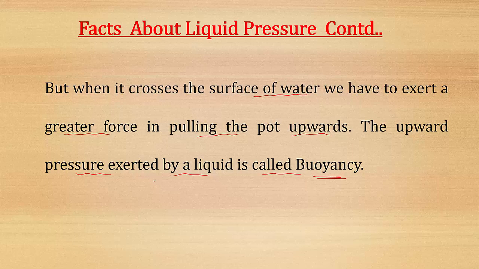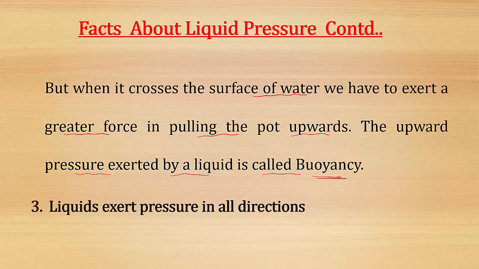So the upward pressure exerted by the liquid is called buoyancy. What is buoyancy? The upward pressure exerted by the liquid. Then liquids exert pressure in all directions, equally in all directions.